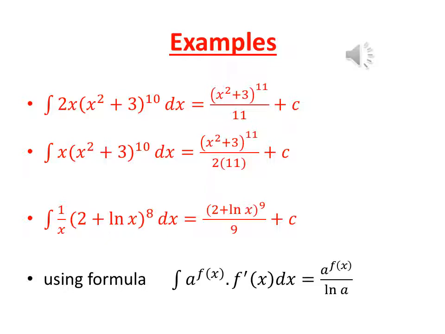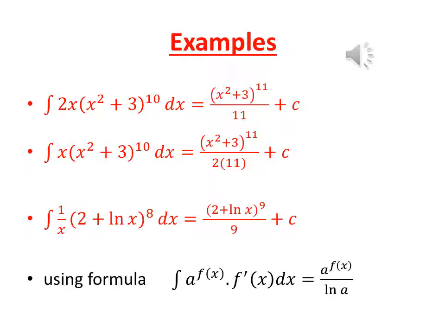It is the same, but here there is no 2. The first example has 2x, the second example has x. The derivative of x squared plus 3 is 2x, but here we have x. What about the 2? So we divide by 2. The same brackets, power increased by 1, 10 plus 1 is 11, over 11. So the result is x squared plus 3 power 11 over 11, and don't forget to also divide by 2. Why by 2? Because we do not have the 2 here.